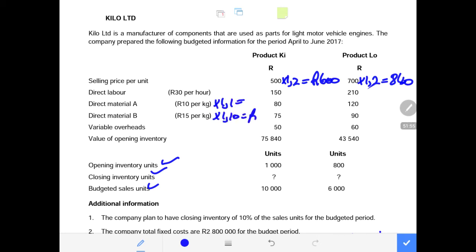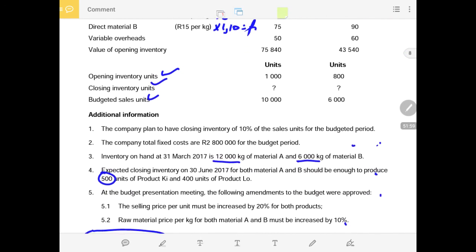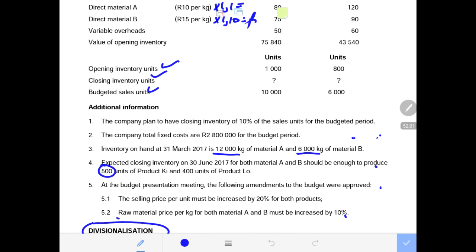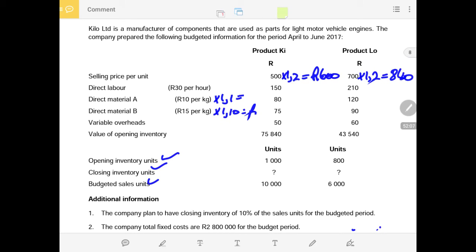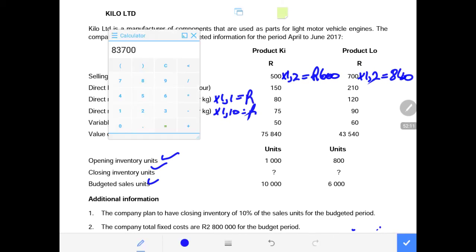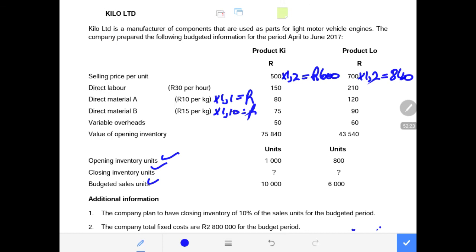It came from raw material price per kg must increase by 10%. So we increase our cost per kg by 10%. We said 10 times 1.1 gave us 11, and 15 times 1.1 gave us 16.50. So that's where I'm taking the figures.